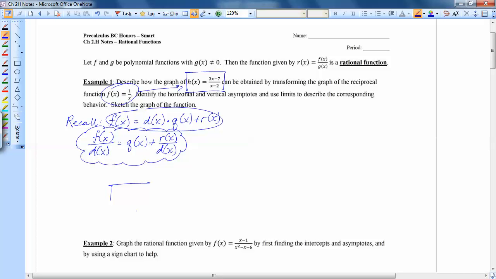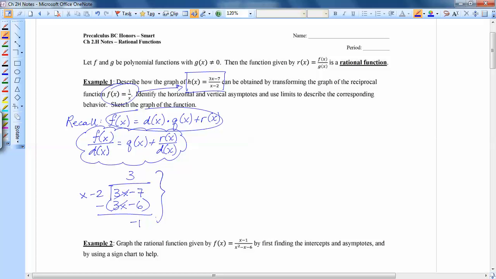So if I do long division here, 3x minus 7 goes underneath, x minus 2 goes on the outside, and then I'm going to multiply by 3 to get 3x minus 6. And then when I subtract, the 3x's cancel, and I'm left with negative 7 plus 6, so negative 1.